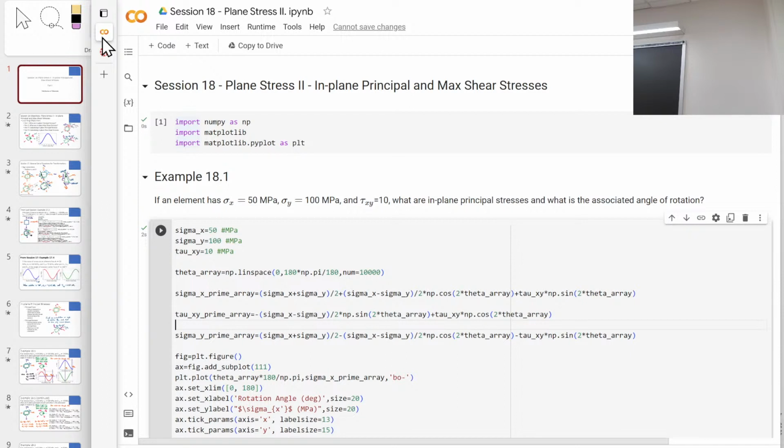It says tau x prime z prime on my version. Which version? This is tau x prime z prime.